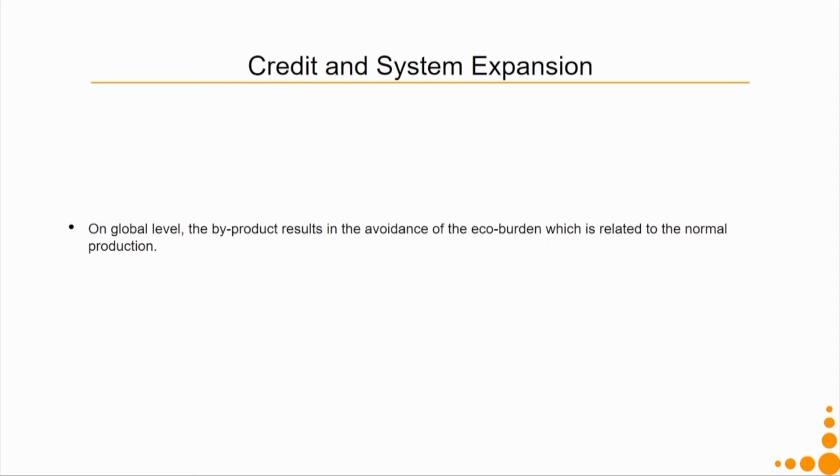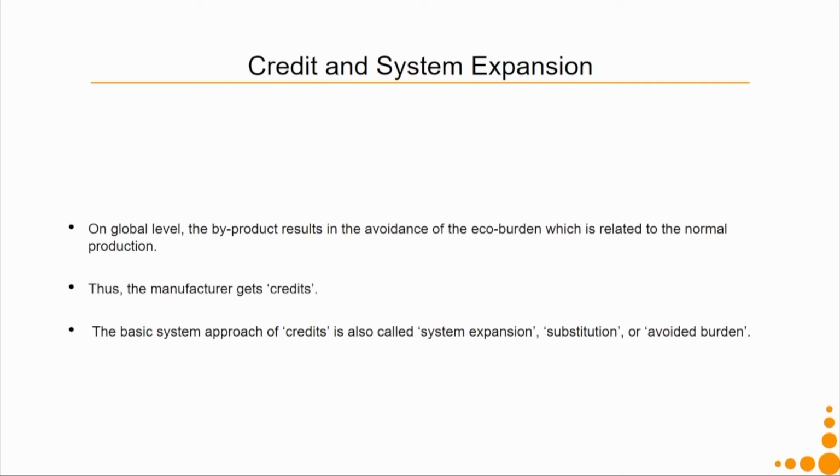This way I go ahead with the expansion of my system. On a global level, the byproduct results in the avoidance of the eco burden which is related to the normal production. So, if I can find an alternate use for my byproduct, I can always reduce the eco burden. Thus, the manufacturer gets credits for doing that.